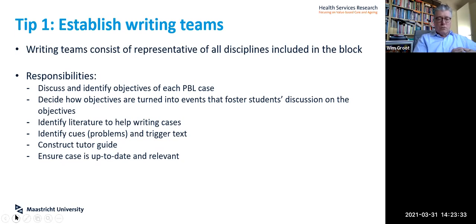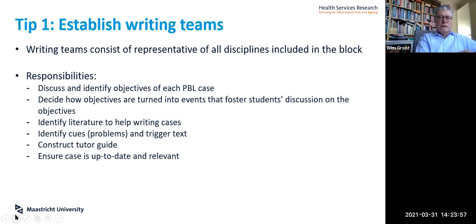Of course, when you write cases, you also need to write a tutor guide, an instruction for the tutors, on what the objectives are, what aspects and what questions should come to the table during the discussion in the tutorial group.